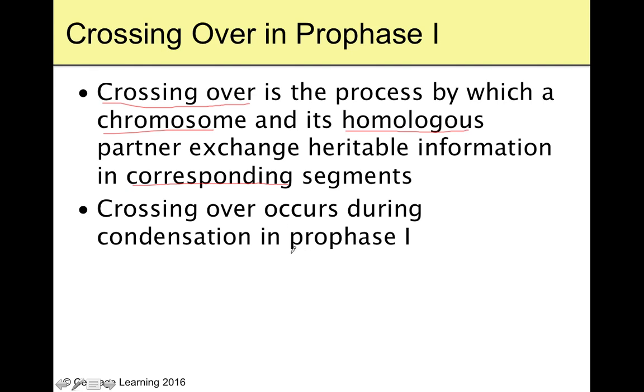Crossing over occurs in prophase 1, and what you get is when these 2 chromosomes line up and kind of overlap each other in a place where they're carrying the same gene, they can actually pass that gene to a different chromosome in exchange for that chromosome's copy of the gene. And so you get a unique blend of alleles that your parents carried from their parents, and those have been shuffled and randomly distributed with each generation. And so it's probably pretty likely that your aunts and uncles don't look alike either.